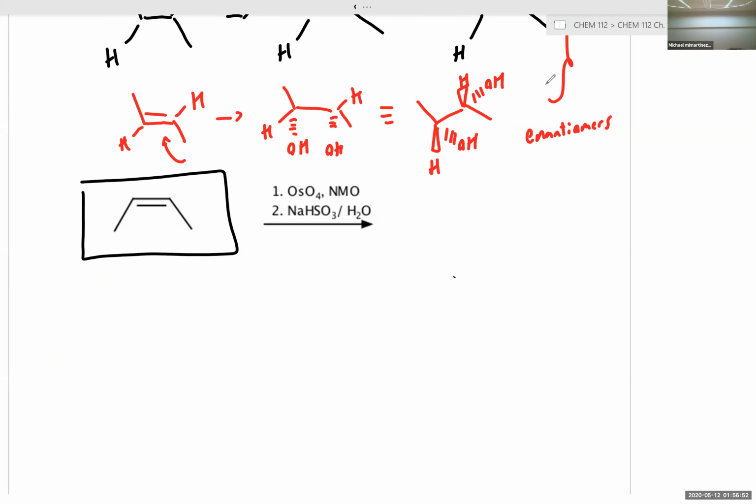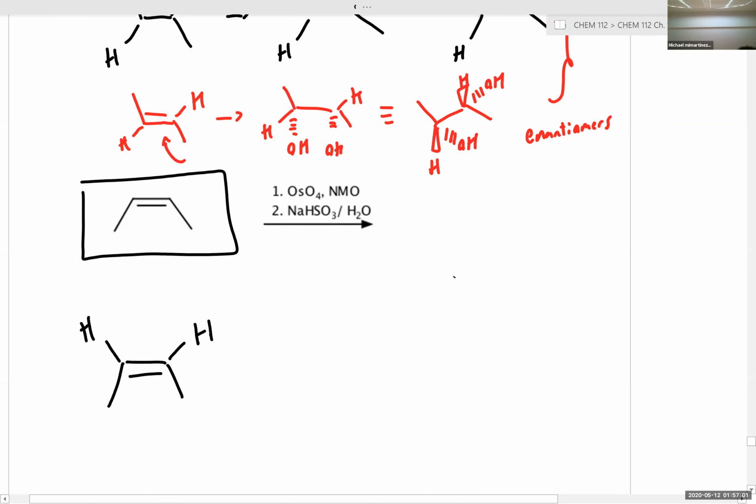So let's take a look at this example. First things first, we're going to draw out our alkene with both of our hydrogens. We're going to draw out an approach from the top face.